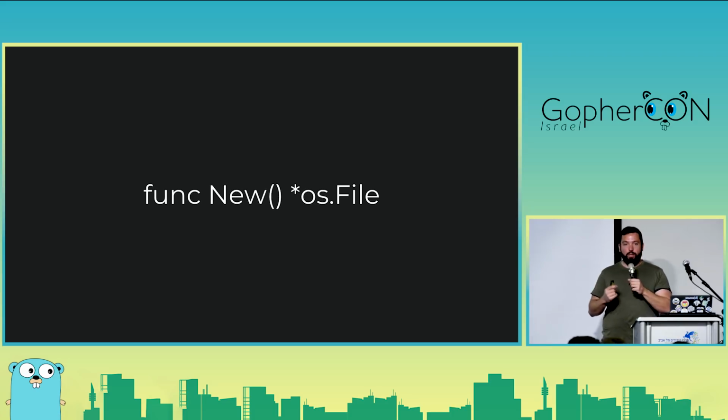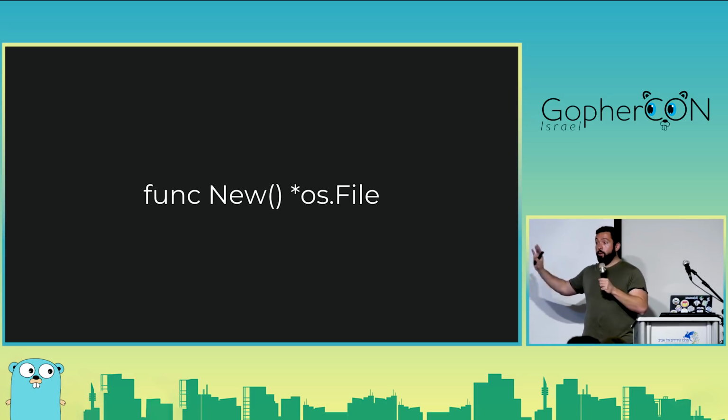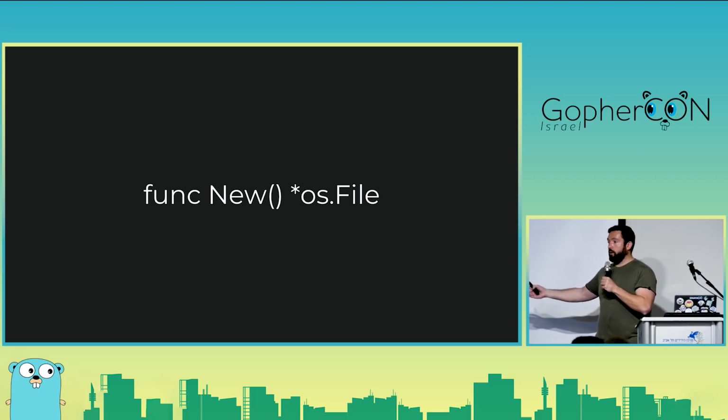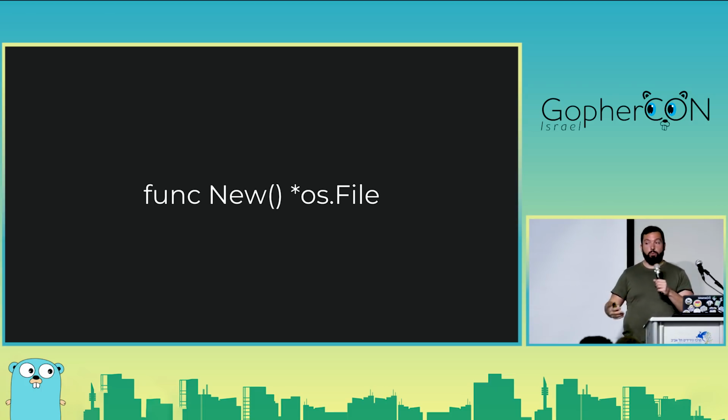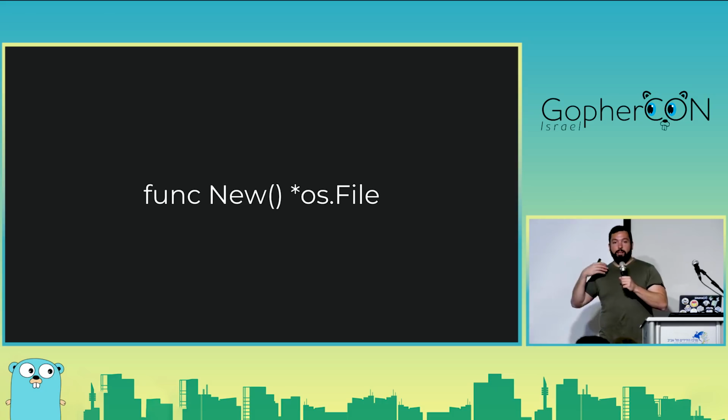What about this one? This one is the best, right? Because the good thing about this is that if I'm returning this, you can use it however you want. If you want to use it as a Writer, just assign it to an io.Writer. If you want to use it as a ReadWriter, do that, right? It's completely up to you, giving you the freedom to do so. And the good thing is that in Go, it's super simple to do. You just need to assign it to the variable. That's it.